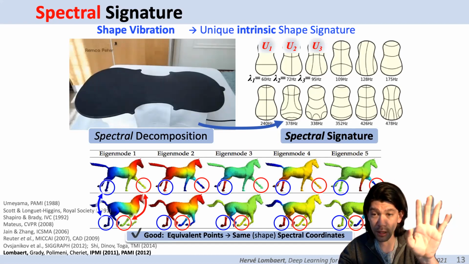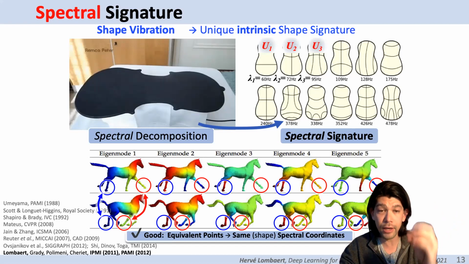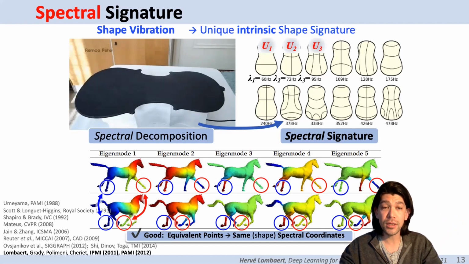For example, the front left leg has the same vibration characteristics even though the horse is galloping between those two different mesh configurations. In the lowest frequency, the front left leg would be green. The second harmonic would be blue. The third harmonic would be greenish again, and then yellow, and so on.